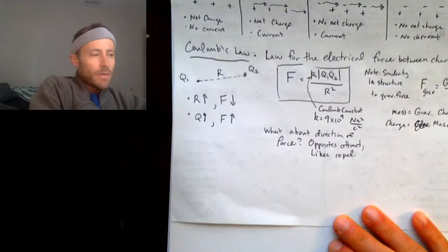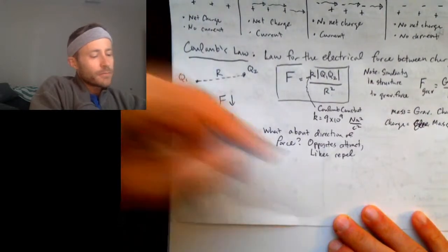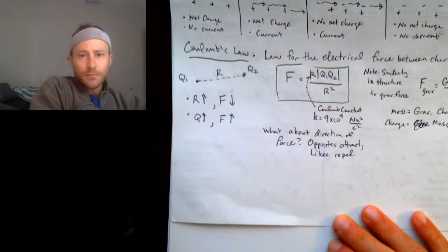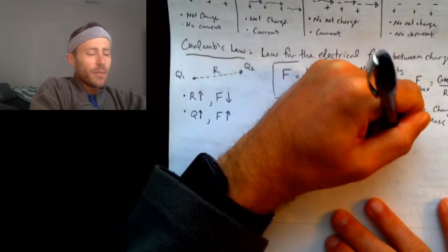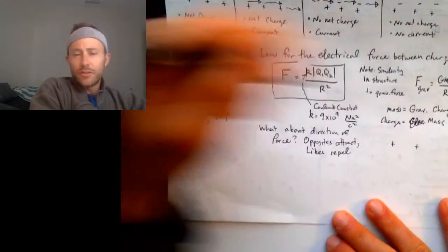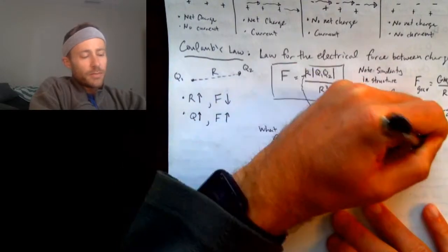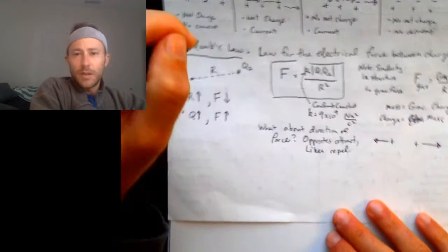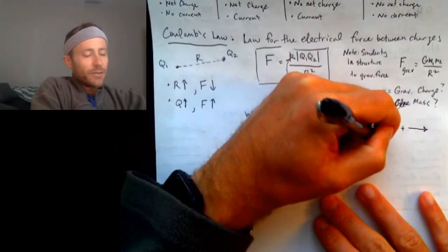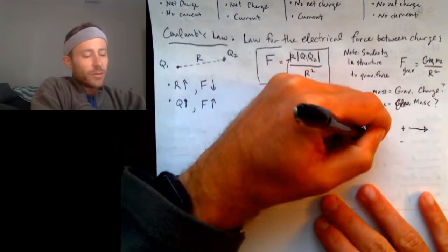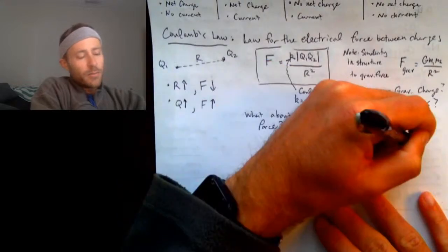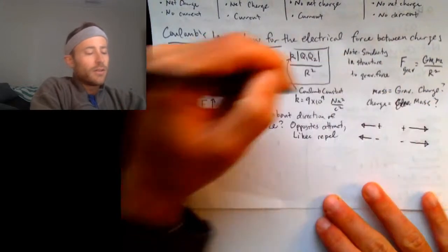Yeah. So if you have a positive charge next to a positive charge, they will repel each other because they are alike. If you have a negative charge next to a negative charge, they will repel each other because they are alike.